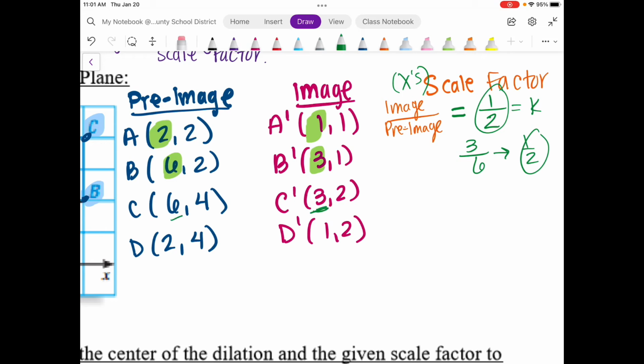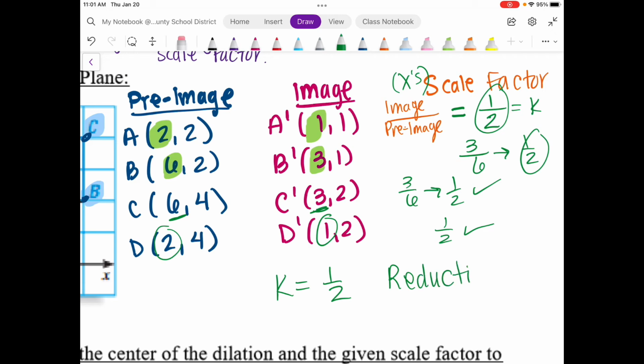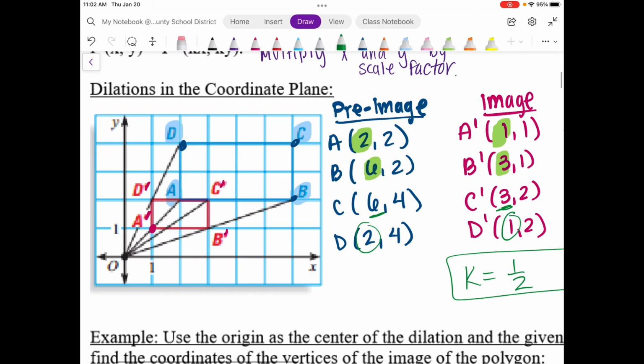So I do it again. 3 and 6 reduces to 1/2. 1 and 2 is just 1/2. Perfect. So your scale factor is 1/2, which means this is a reduction. And I'm looking at it, and the blue image was bigger than the red one. So yes, it did get smaller. That's why it is a reduction.